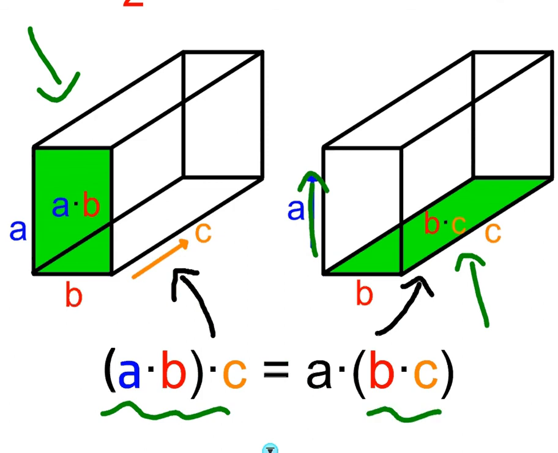So here's the base area times the height. The point I want you to see here is these are exactly the same boxes with exactly the same volume. Two different ways of finding the volume. In essence, that's the commutative property of multiplication. Doesn't matter what order you multiply the 3 numbers, or the 4, or the 5, or the 6, you end up with the same number.